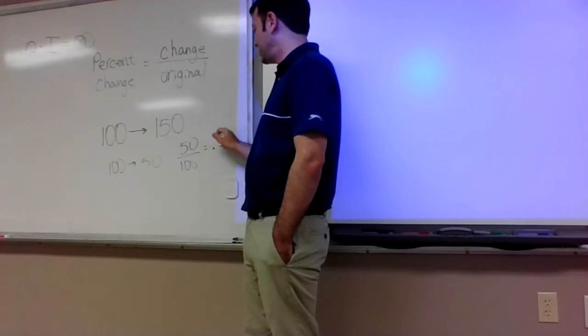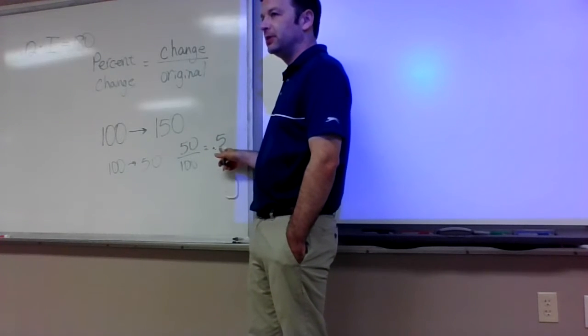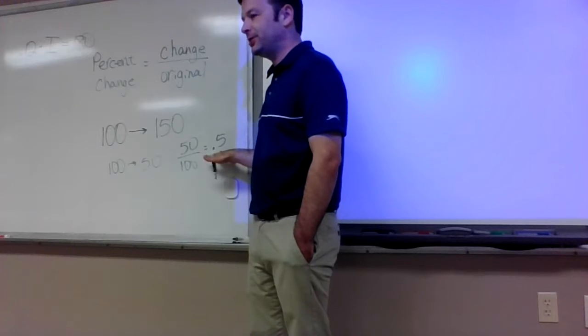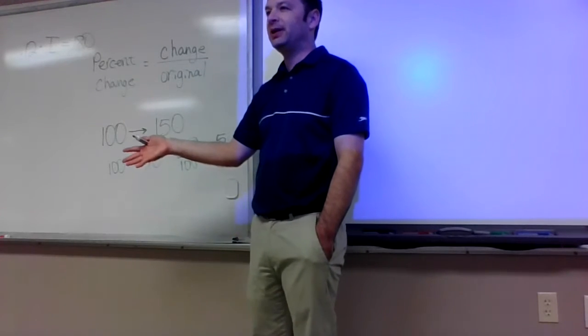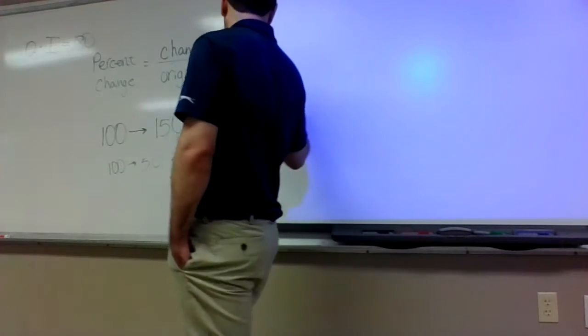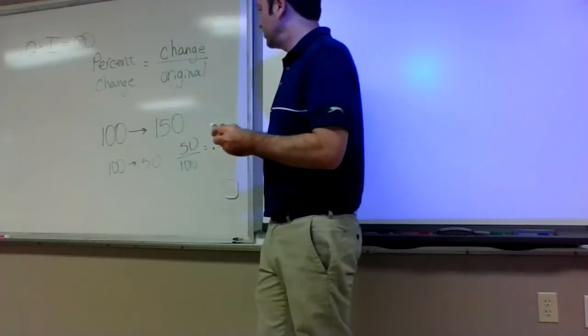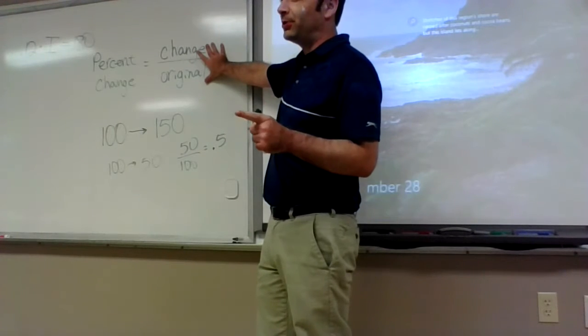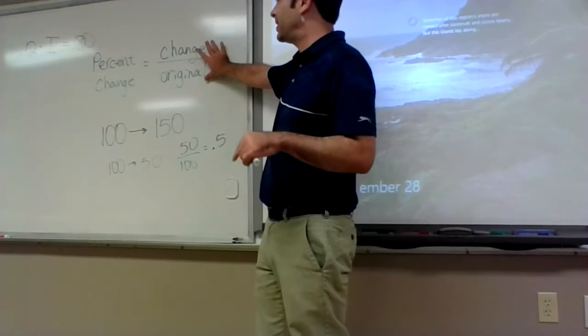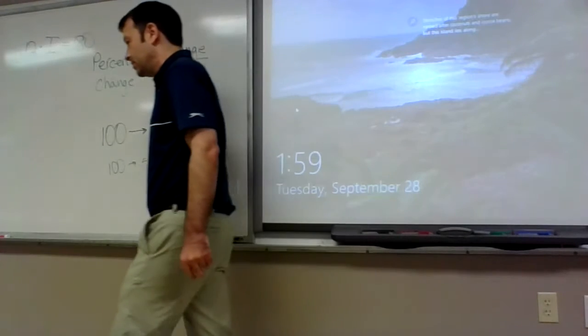And how did we change that to a percent yesterday? Move the decimal twice. Now I know you guys know that's 50%, but a lot of these answers are going to be messier than that, right? That was just my example. So, yeah, we're going to be using this a lot. This is not everything we're learning today, but this is kind of the foundation for today.